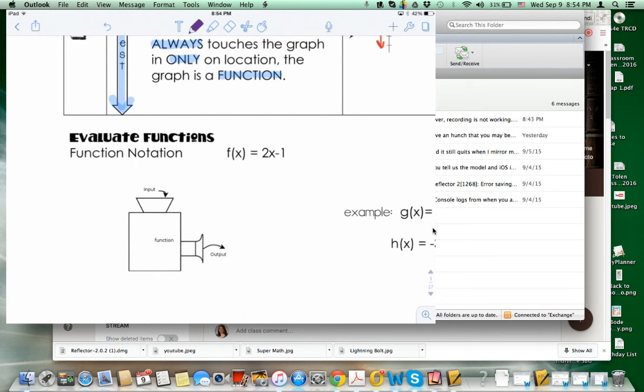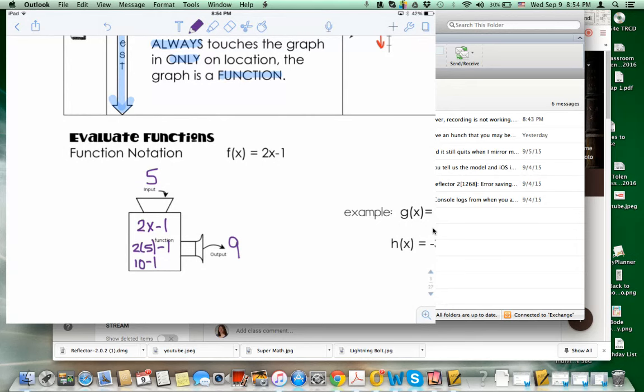So inside of the machine, it's going to take 2 times the number and add 1. We'll give it a minute to catch up. There we go. So in this machine, we're going to drop the number 5. So 2 times 5 plus 1 is 10 plus 1, and it would spit out 11.